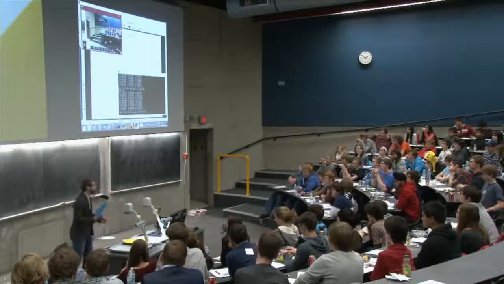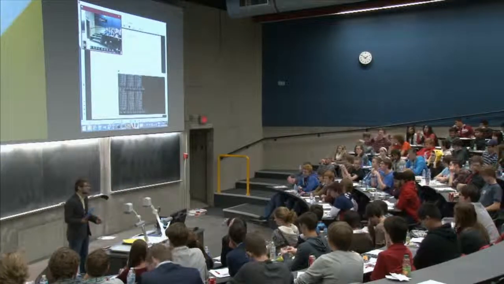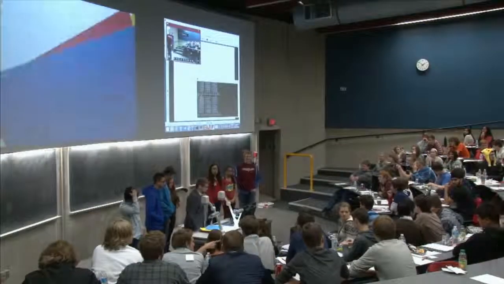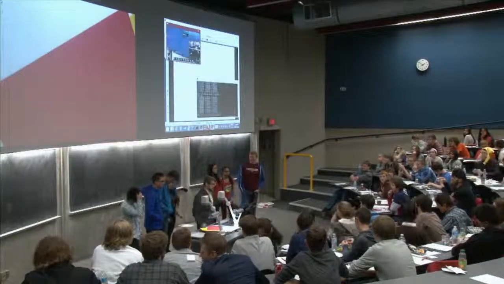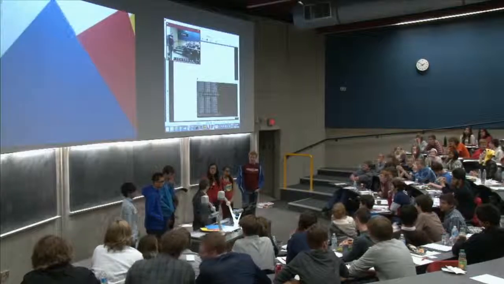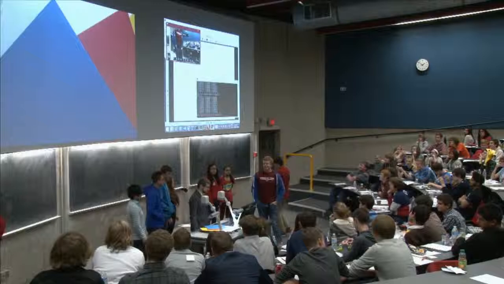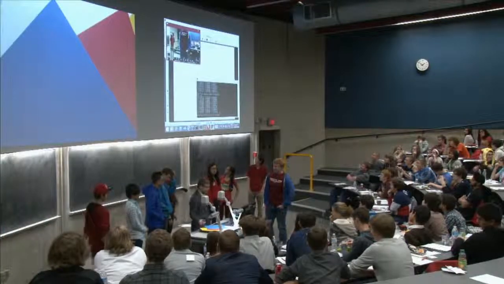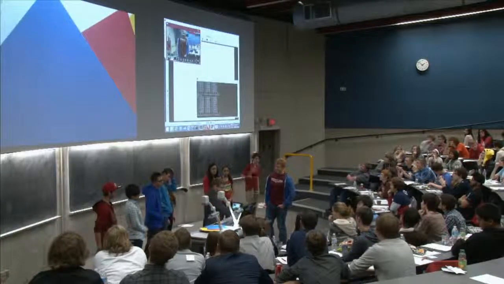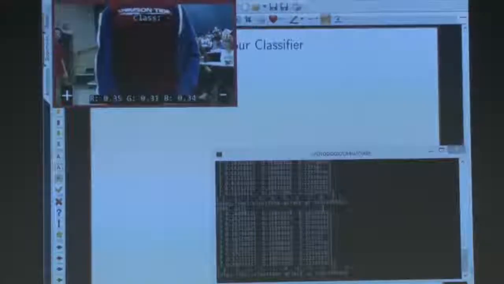So I need 3 volunteers who've got something red and 3 volunteers who've got something blue. OK, so blue is our negative class. Let's try Crimson Tide. Unconvincing. Closer.